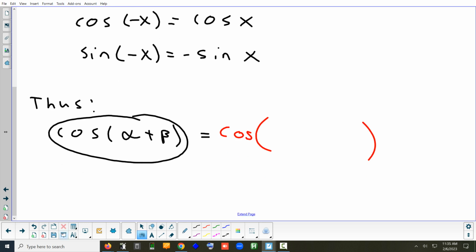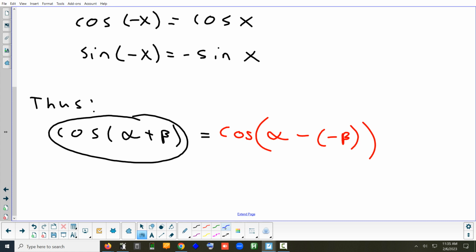How can you write alpha plus beta as a difference? Alpha minus negative beta. Well, alpha minus beta isn't equal to alpha plus beta. Alpha minus negative beta. What does that accomplish, though?